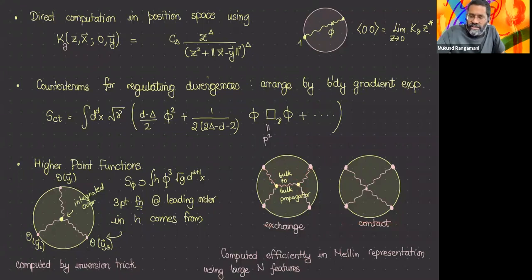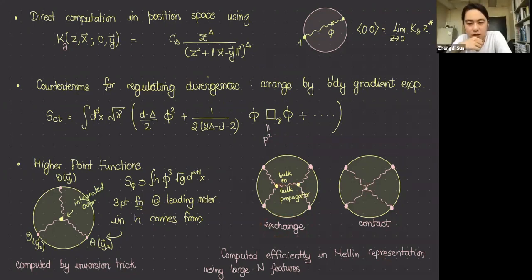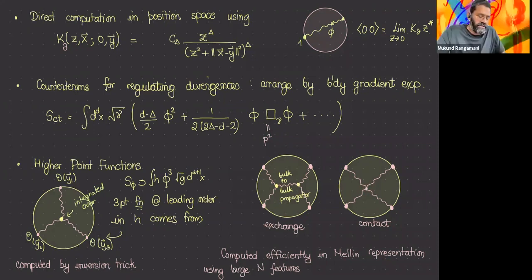There's something nice about the large N theories, which is exploited in this Mellin representation, that the only things that are exchanged are double trace operators. So there's some very nice structure which makes the evaluation easy, because you can evaluate contacts and then put the exchanges in a nice fashion.